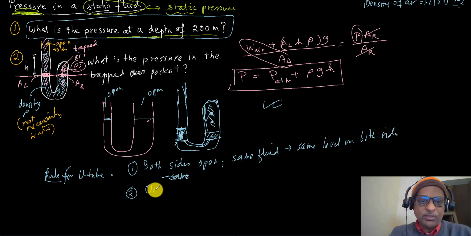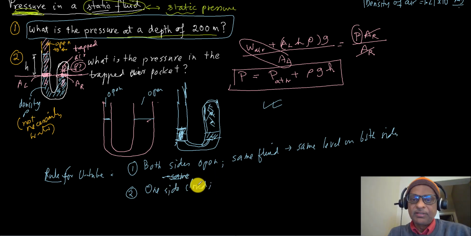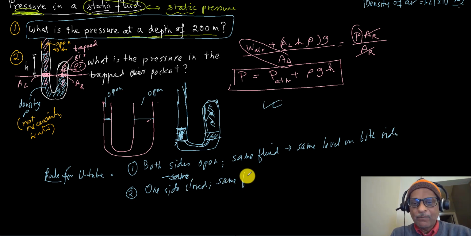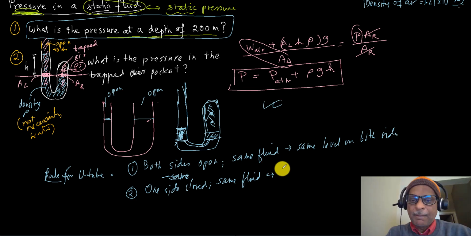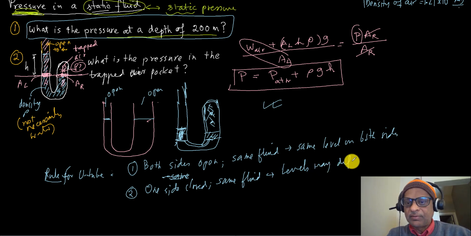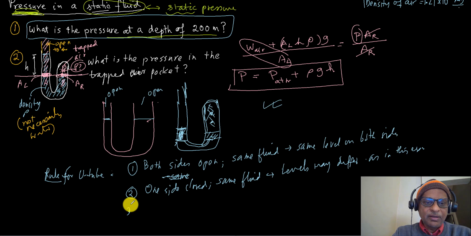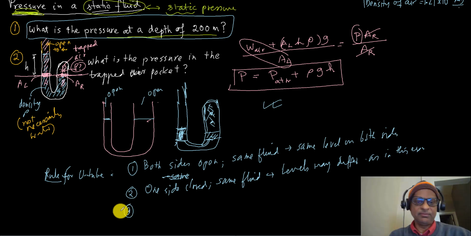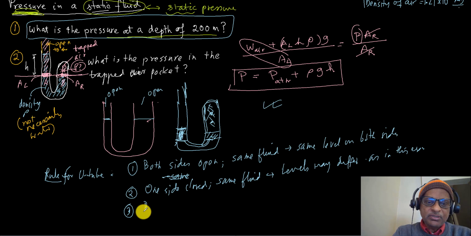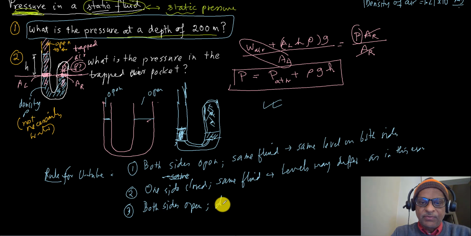If one side is closed, one side closed, another side open, same fluid again, levels may differ, as in this example. Now, a third example that you might have encountered is both sides open, different fluids.